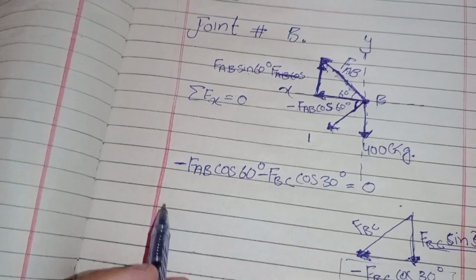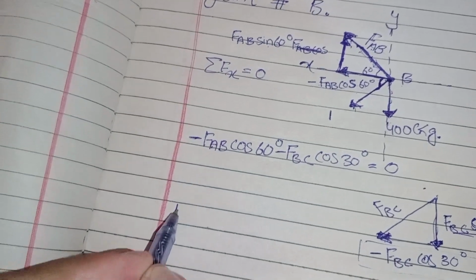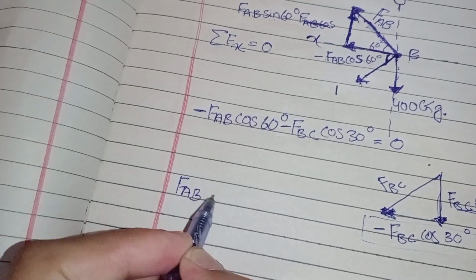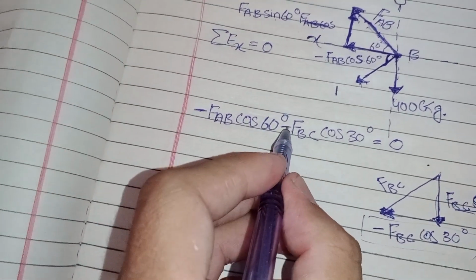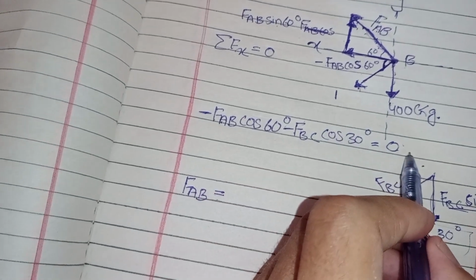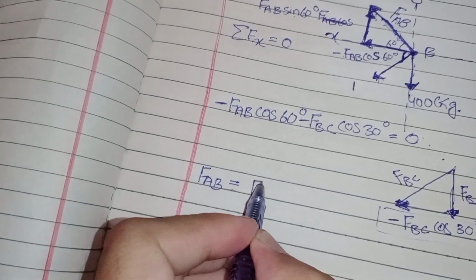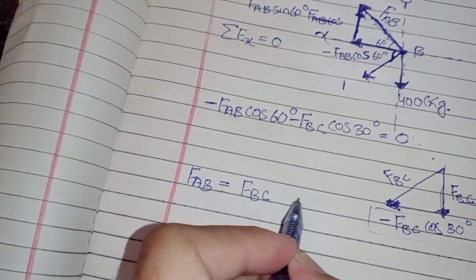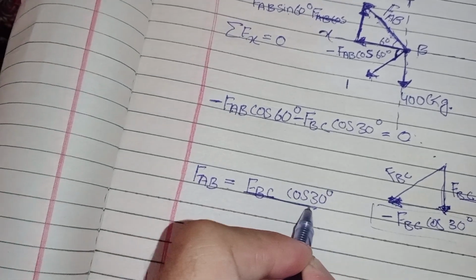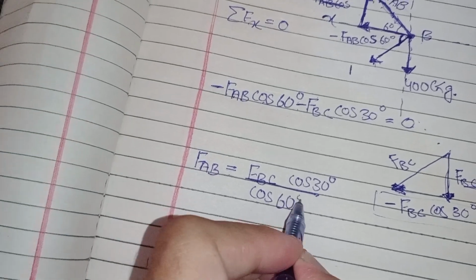so if you rearrange it, F of AB, force on member AB, will be equal to, when you move it to the right side of equality, then it will be positive F of BC cos 30 degree divided by cos 60 degree.